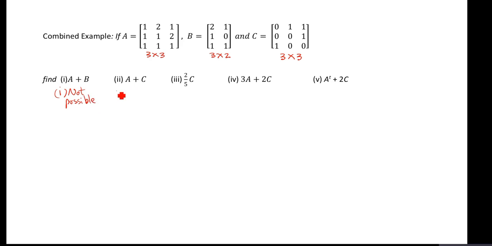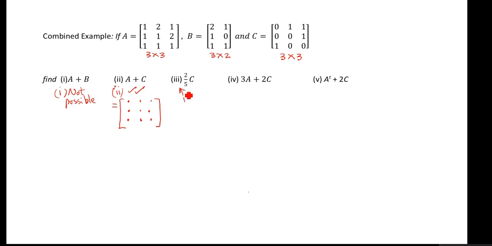What about A plus C? Can you do A plus C? Yes, the order is 3 by 3. You do that. And if the order is 3 by 3, the answer must be 3 rows, 3 columns. All you have to do is find that out.